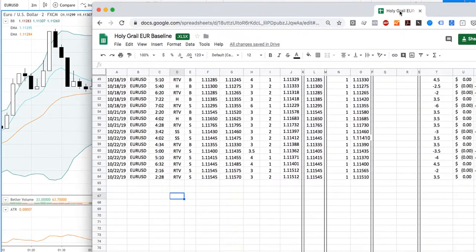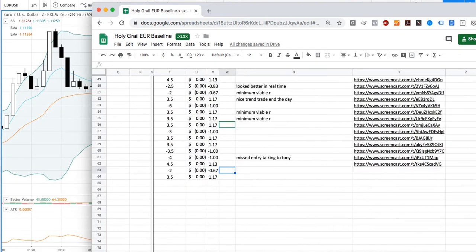So we use a minimum viable stop distance of 3 pips. So you can see 3 pips on 215. Let me just add in minimum viable.